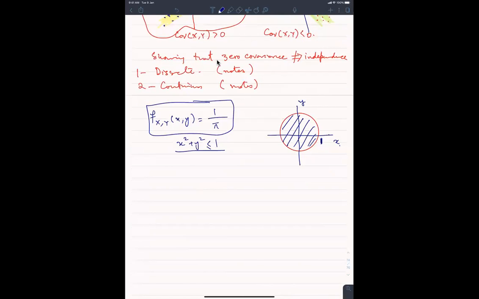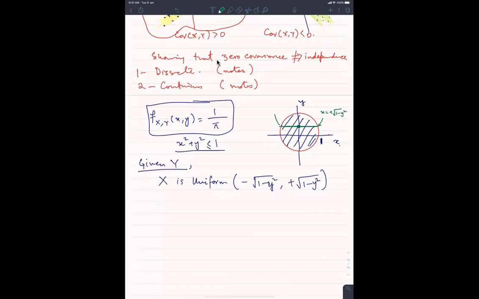So in this case, हमने आपको बताया था कि given y, x is uniform between minus square root of 1 minus y square to plus square root of 1 minus y square. ठीक है. अगर आपको y की कोई वैल्यू दी गई है, ये ग्रीन में दिखा देते हैं, if you are given that y is equal to this value, then x is uniform over this line. और इस लाइन के ऊपर ये वाला जो पॉइंट है, यहाँ पे x is equal to plus square root of 1 minus y square है, और ये वाला जो पॉइंट है यहाँ पे x is equal to minus square root of 1 minus y square.